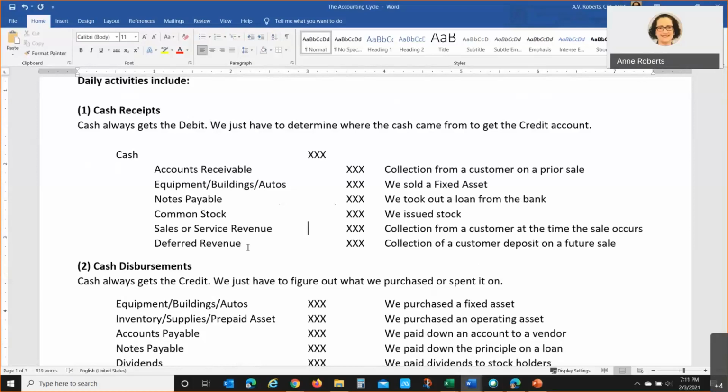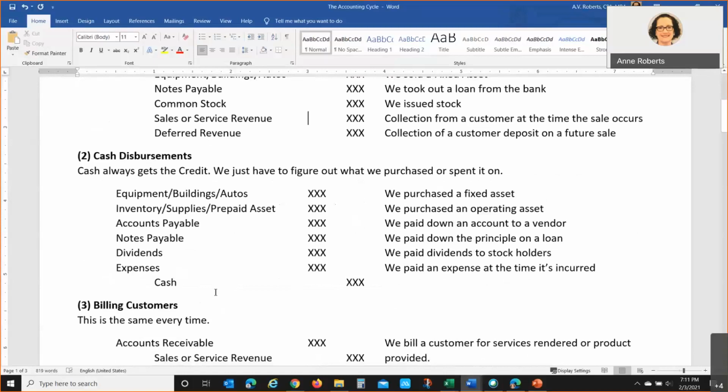So there's a reason why those blanks are there. They're testing you to see if you know what to put in there. Other things, on the expense section of the income statement, same kind of thing. Do you know that the only thing we're going to put there is actually incurred expenses?